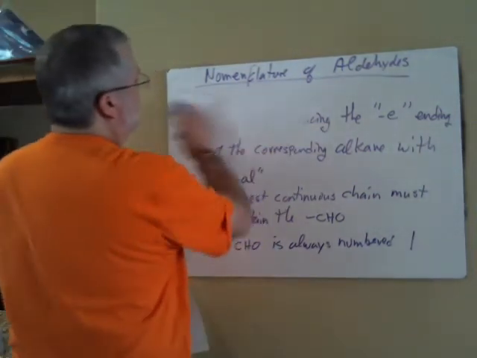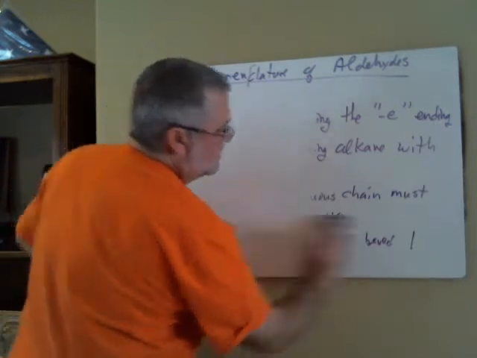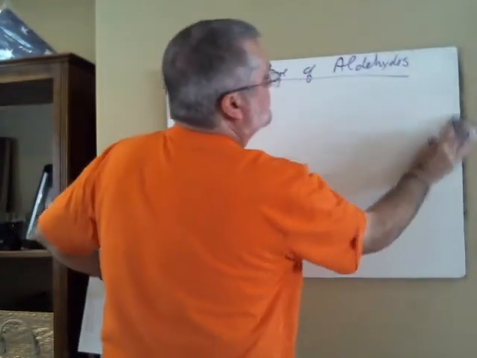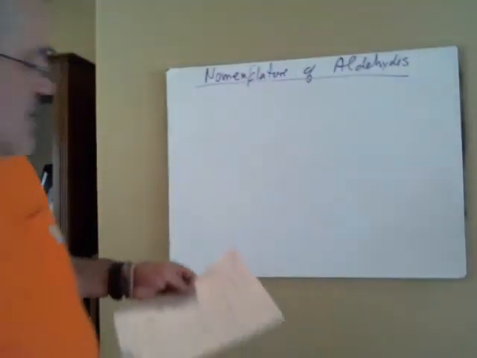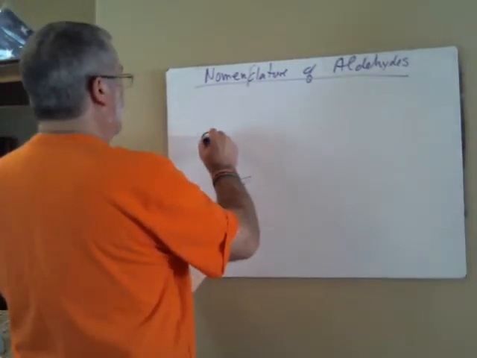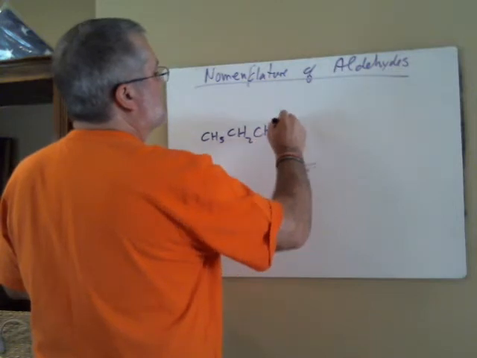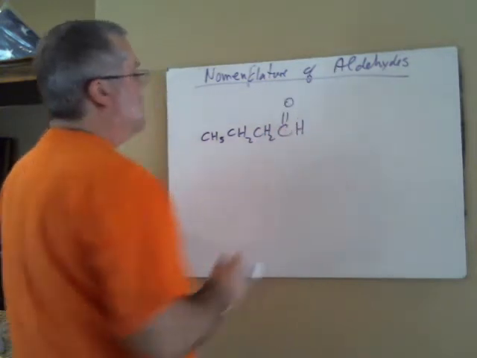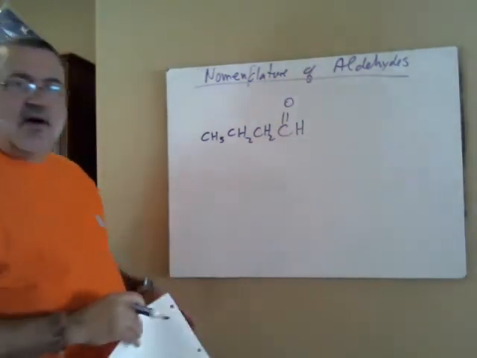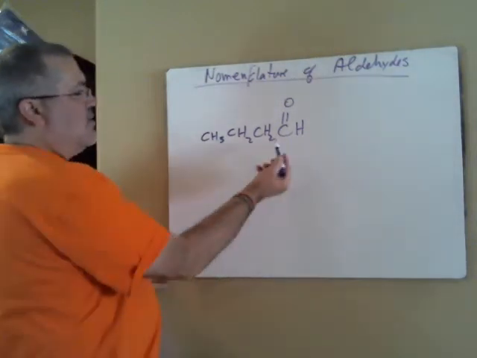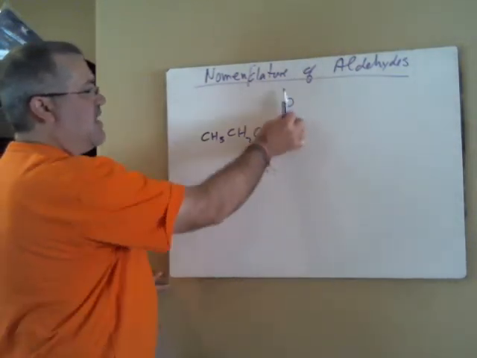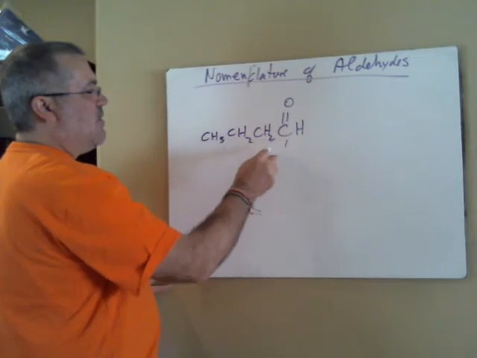So let's look at examples. Start out relatively straightforward first. So we have this aldehyde. Okay, longest continuous chain containing the aldehydic carbon, straight across, always number it as 1.